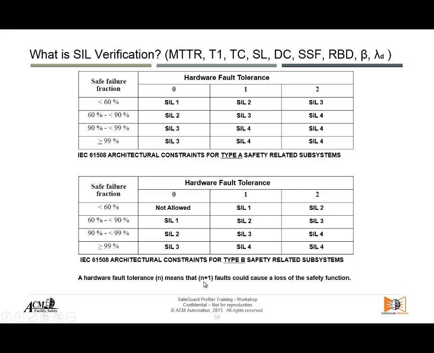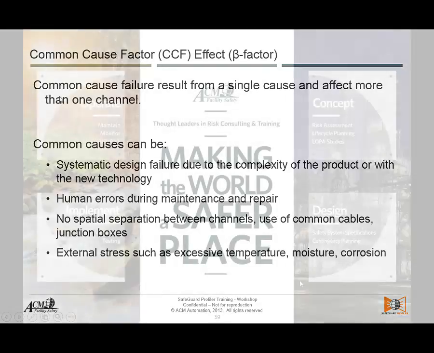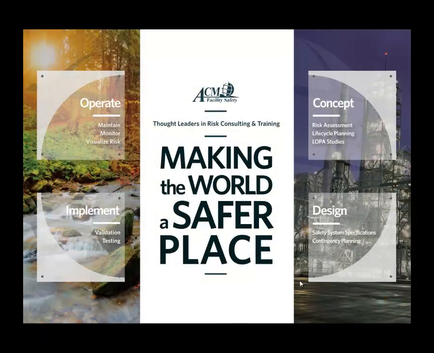So if I have 2 of them, that means that 2 faults will have the probability of causing the loss of the safety function, right? So that's what hardware fault tolerance means. Then we go to common cause failure.